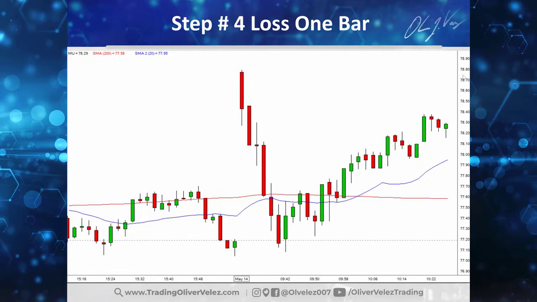Beautiful. Remember I told you I like surge bars off the moving averages. Now this play is to the upside. All right? This is not only a color change bar, it's a surge bar off the 200.